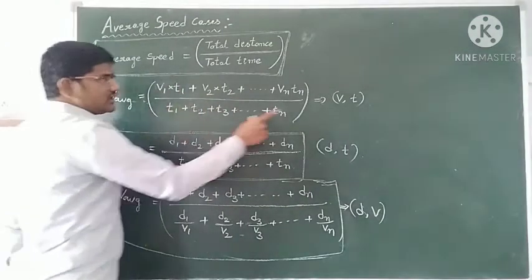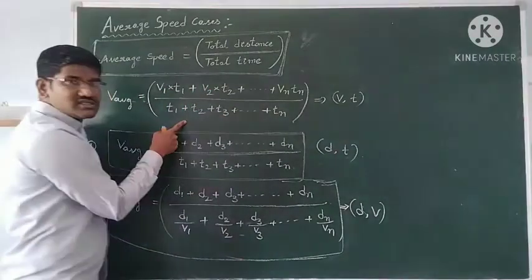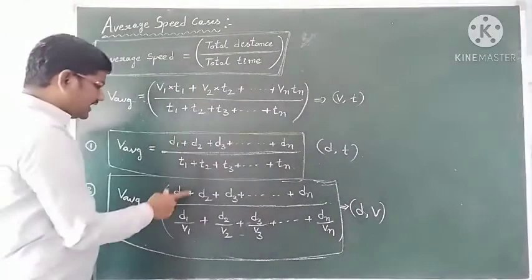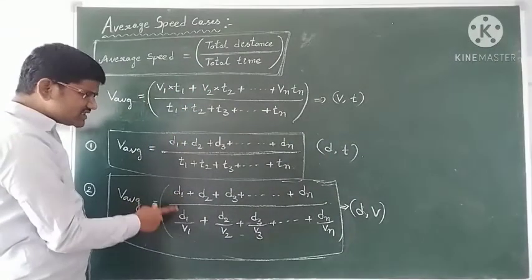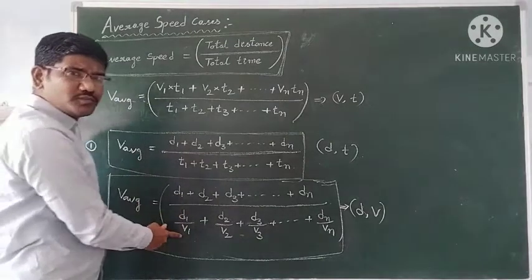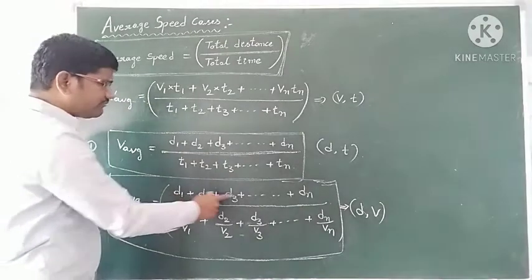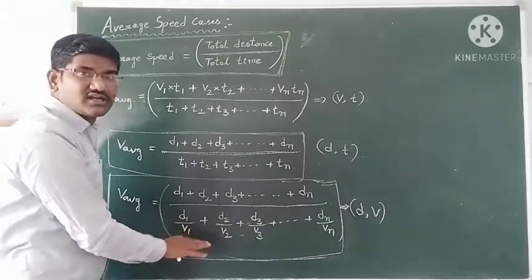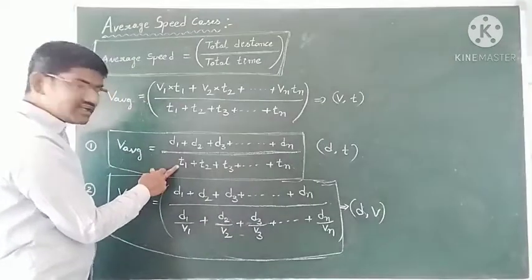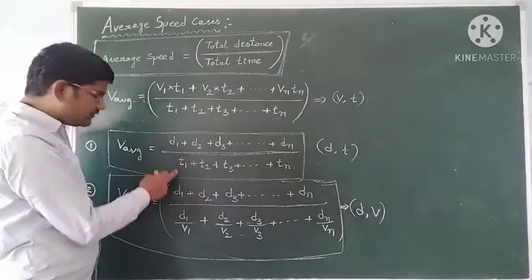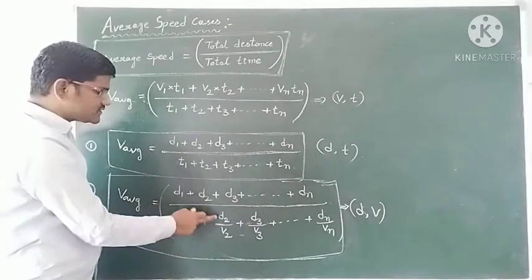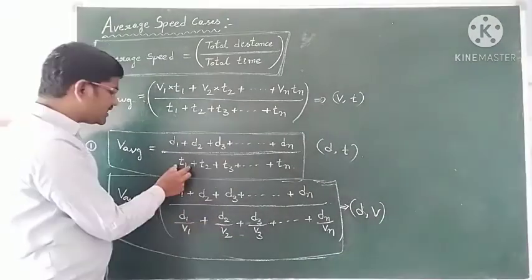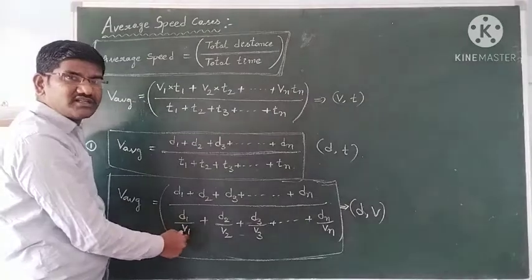So when different speeds and times are known, this formula should be used, and when different distances and speeds are known, this formula should be used. See students, only different distances and different speeds are there. No time is there. We eliminated the time. Instead of T1, D1 by V1. Instead of T2, D2 by V2. Means there is no time term.